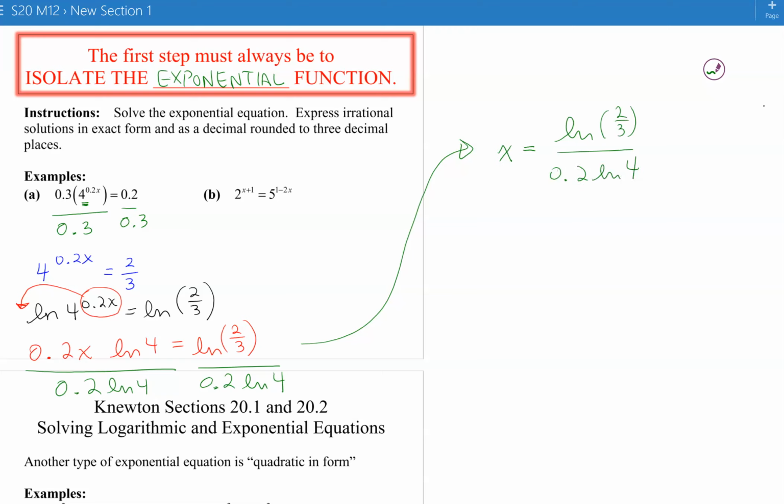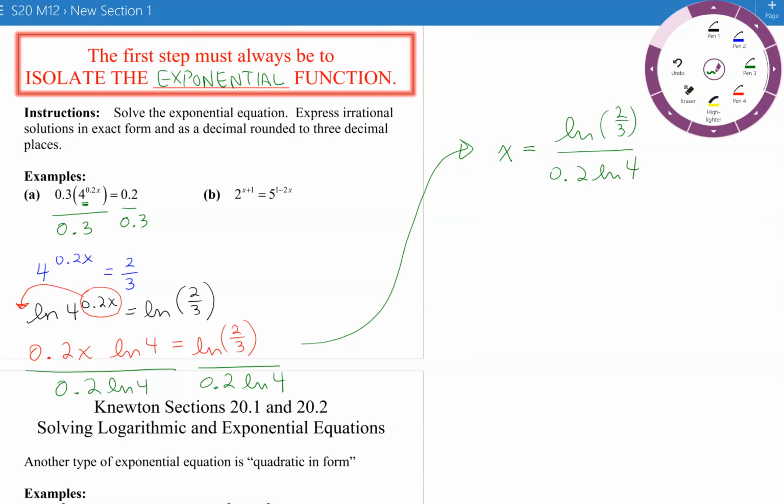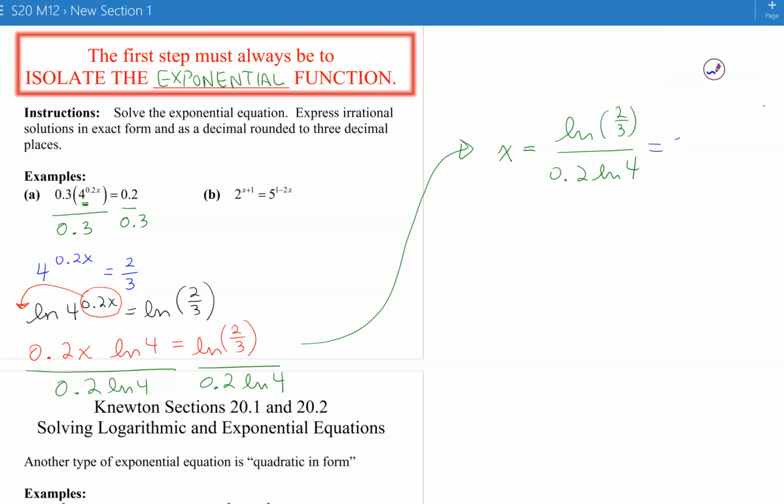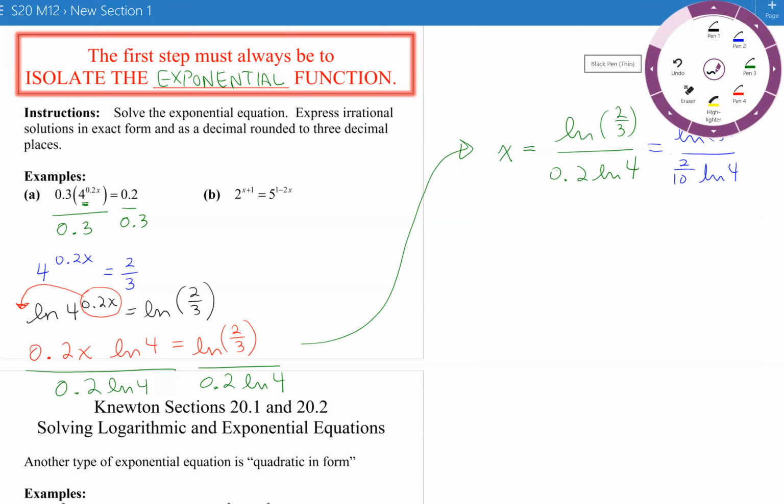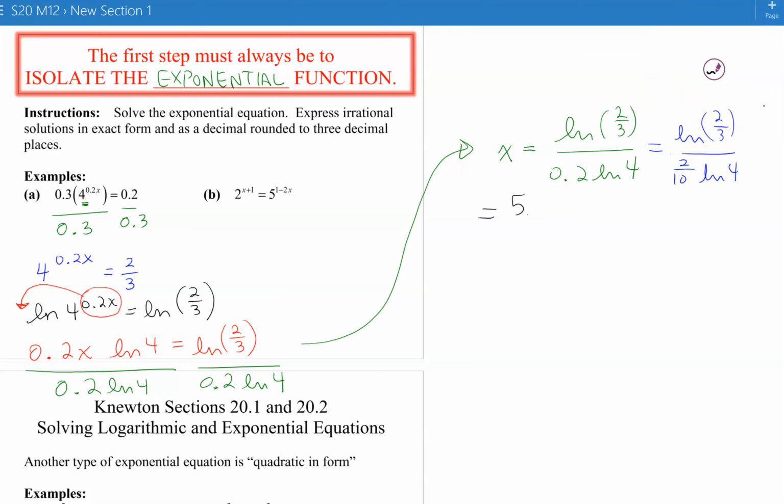Well, I would simplify this a little bit more, because if I have 2/10 in the denominator, that's the same thing as multiplying by 5. So I would write this as 5 ln 2/3 over the ln of 4. And then that cannot be simplified anymore. That's as simple as it gets.